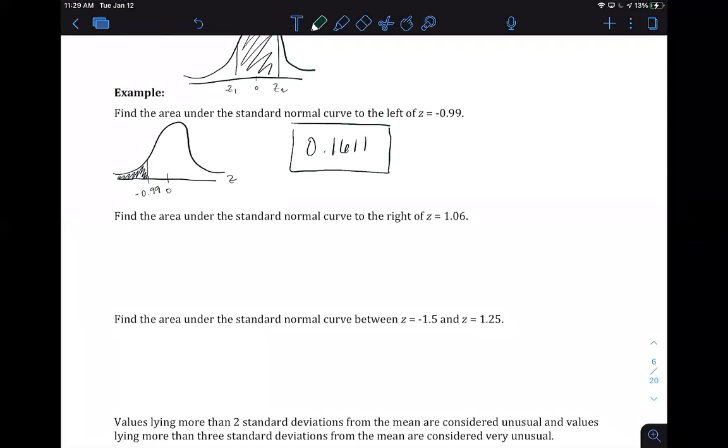Second one, find the area to the right of z equals 1.06. Sketch your curve. And since it's to the right, we have to do 1 minus.